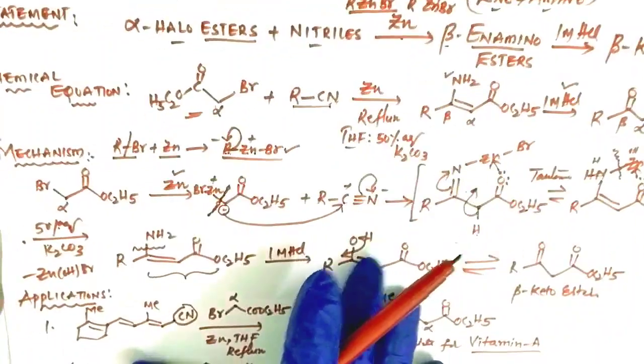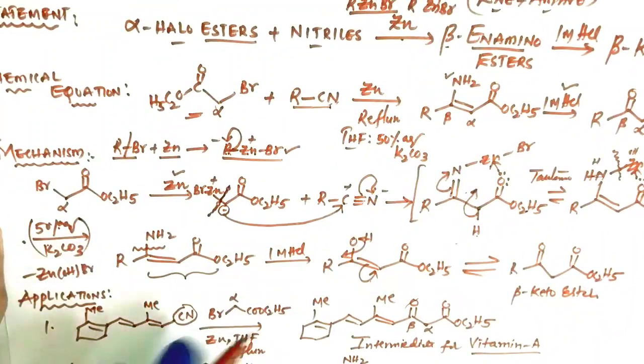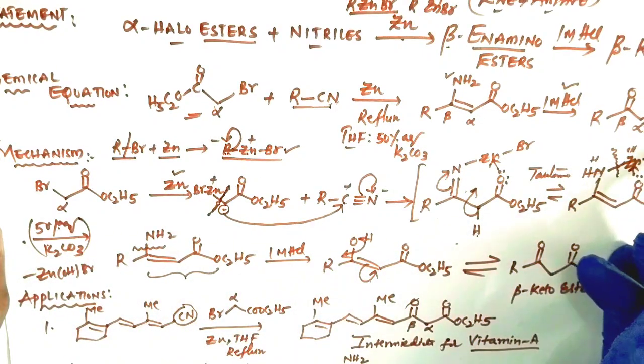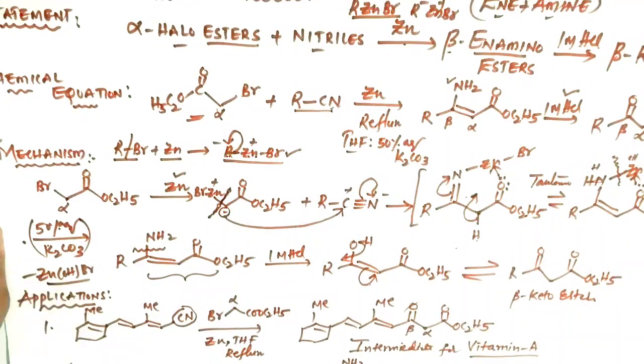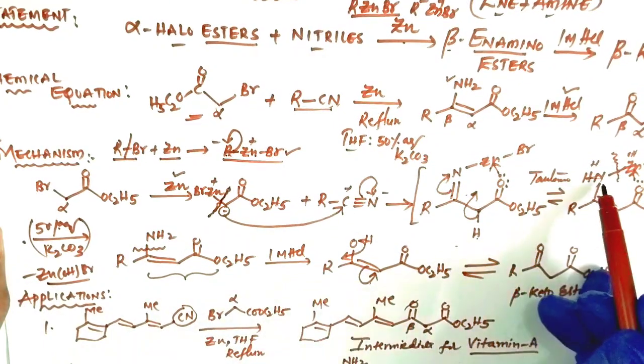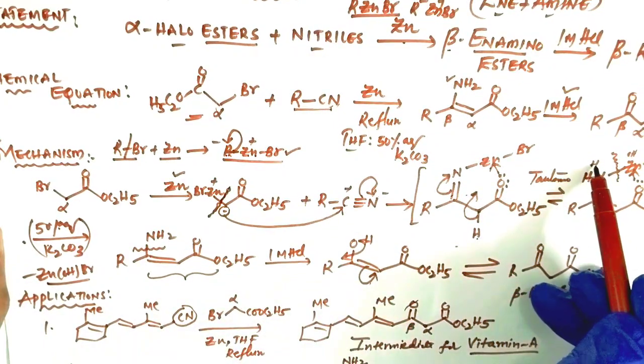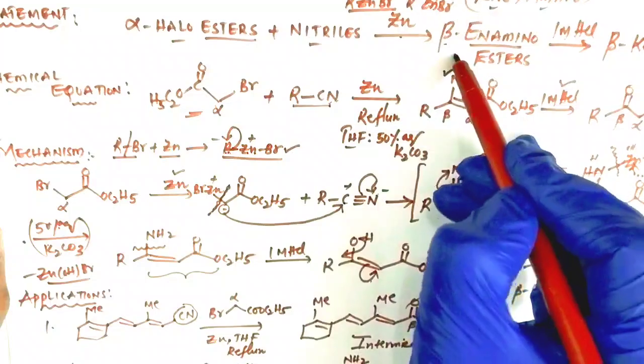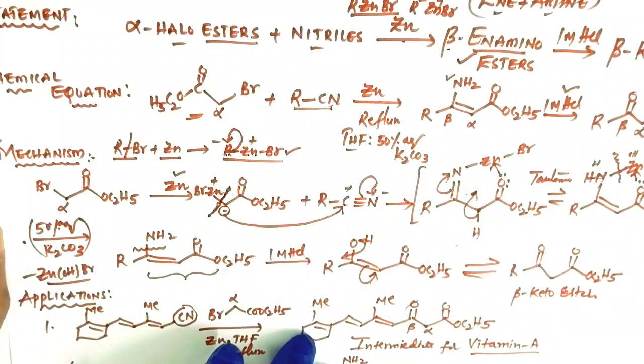Now this is subjected to hydrolysis with 50% K2CO3. So hydrogen will come here, OH will come with zinc, so ZnOHBr will be removed and NH is converted into NH2. So R, NH2, double bond, C double bond O, OC2H5. This is commonly called beta enamino ester.